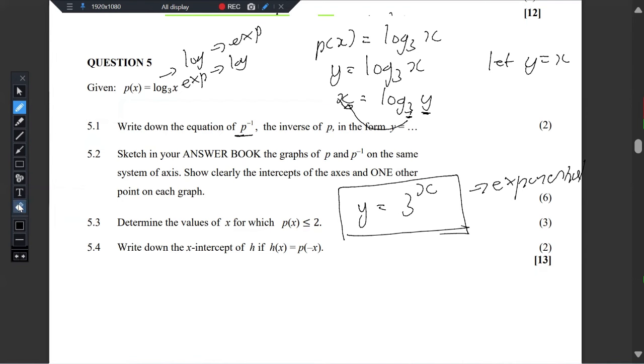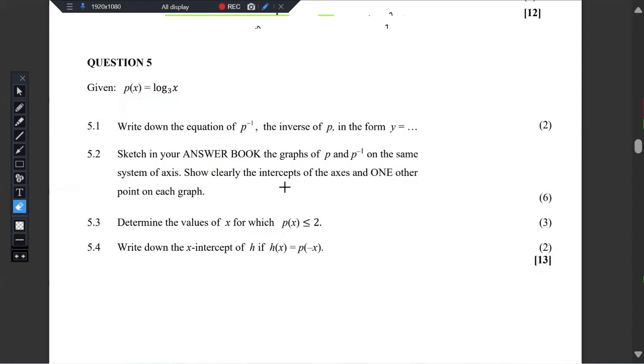Okay, now they are saying sketch in your answer book the graph of P and the inverse on the same system of axes. Show clearly the intercept of the axis and one other point on each graph. So we can have our Cartesian plane.